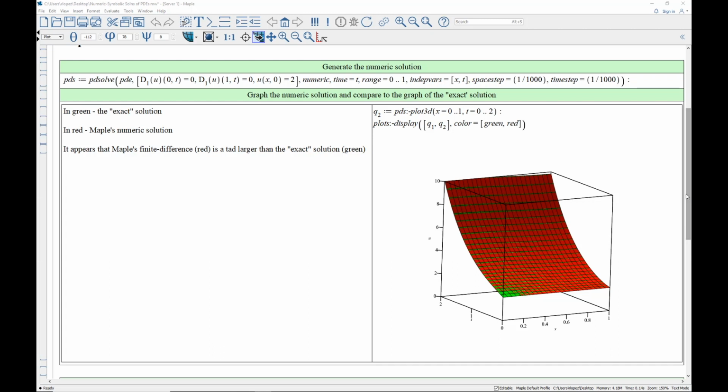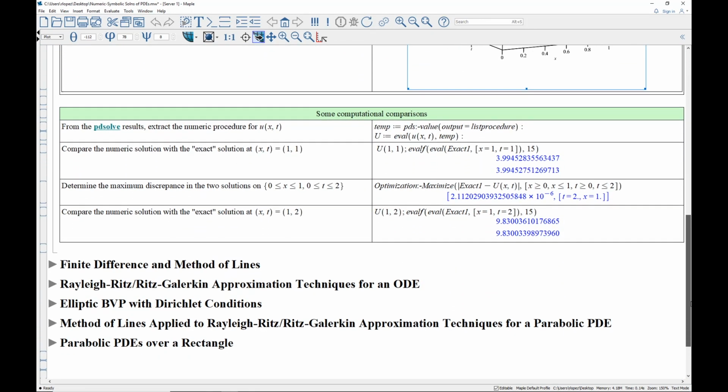But if we want to make a better comparison, then we need to extract from the numeric solution the procedures that Maple creates. So that's what this step does. It creates those solutions as procedures, and then we substitute those procedures into u of x and t. So now we can compare solutions at a point, pretty close, about 5 decimal places.